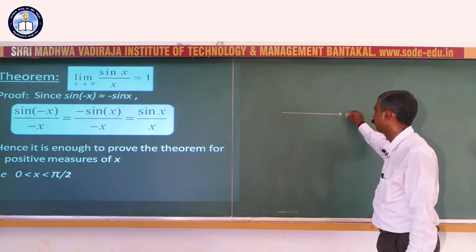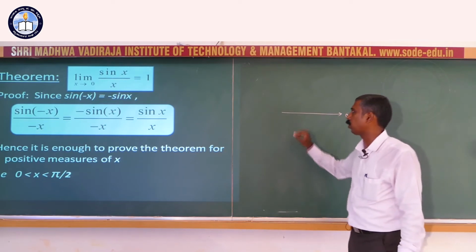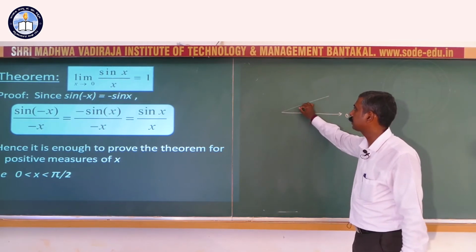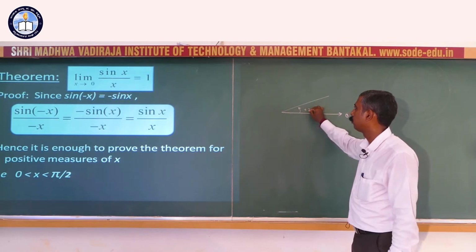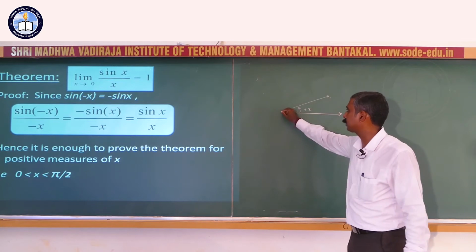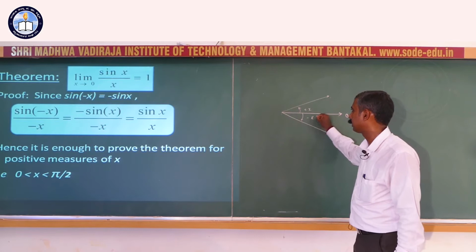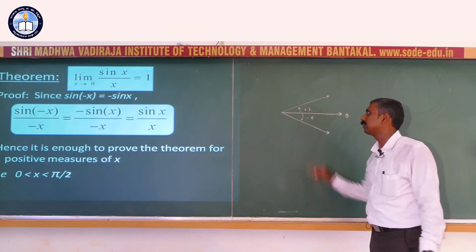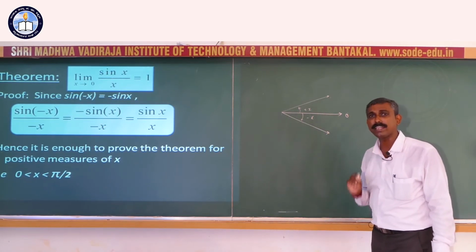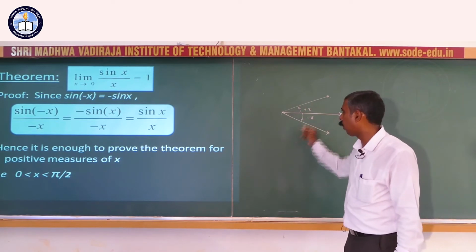At 0 degrees, there can be two possibilities. One is that x is positively oriented, positive x, or x can be negatively oriented, that is, minus x. So this angle x can be either positive or negative.